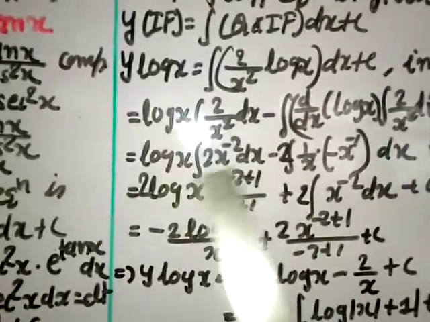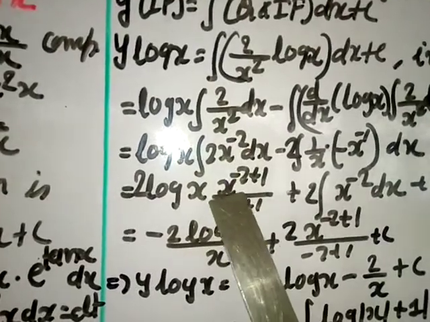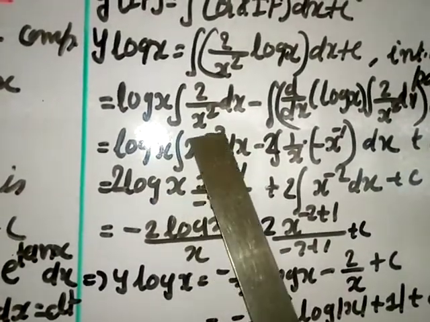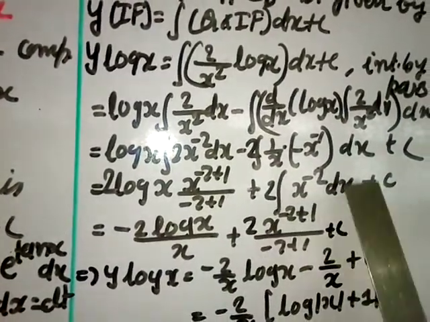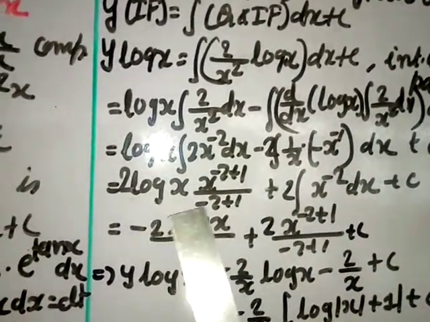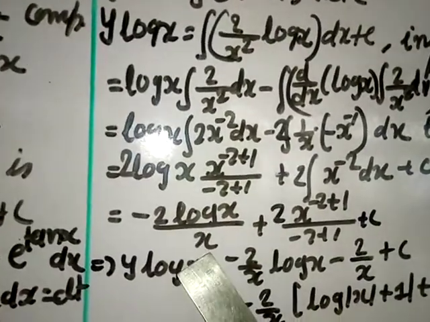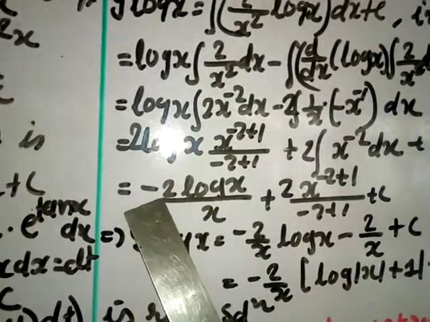Now here I am going to integrate. So 2 log x here, and x power minus 2 integrates to x power minus 2 plus 1 divided by minus 2 plus 1. Here the integral is again the same, and what you will get is 2 log x, with x power minus 1 taken as a denominator with positive power, and the negative sign taken in front.